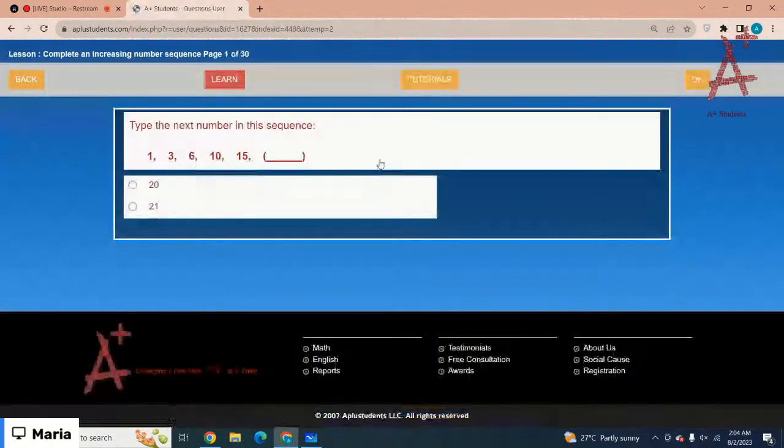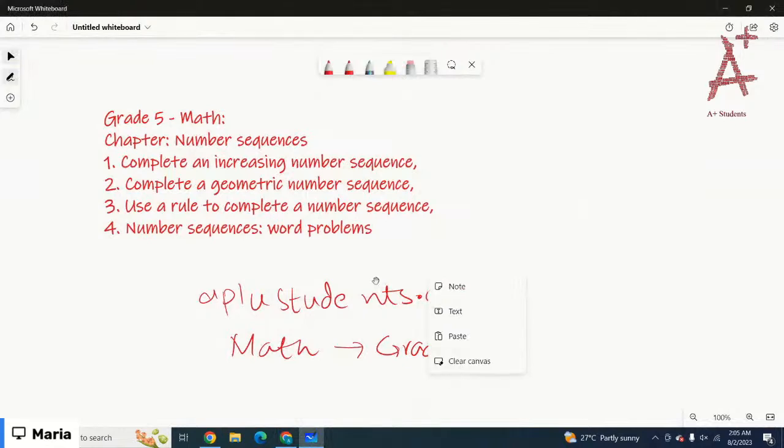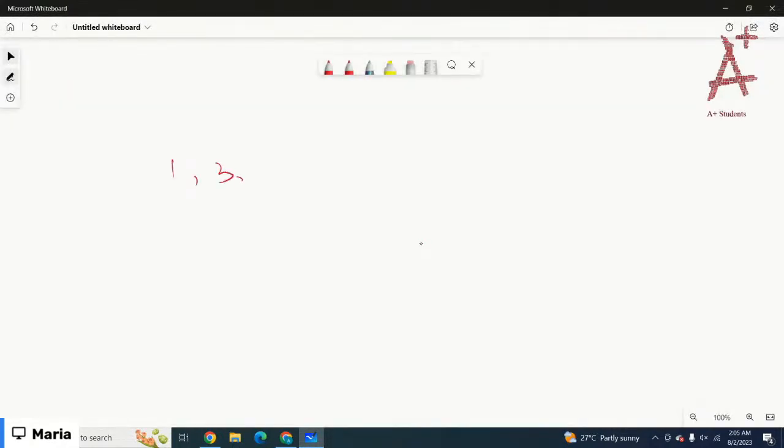Okay, type the next number in the sequence. The numbers are 1, 3, 6, 10, and 15. Okay. 1 plus 2 makes 3. 3 plus 3 makes 6. 6 plus 4 makes 10.